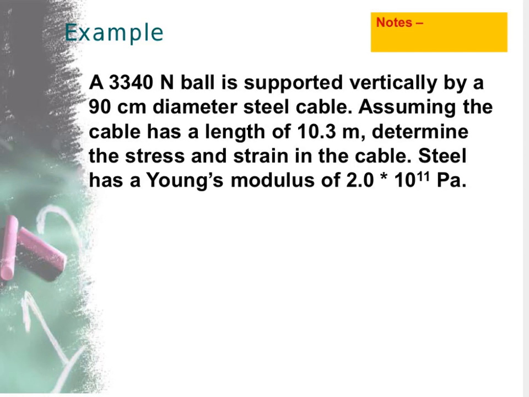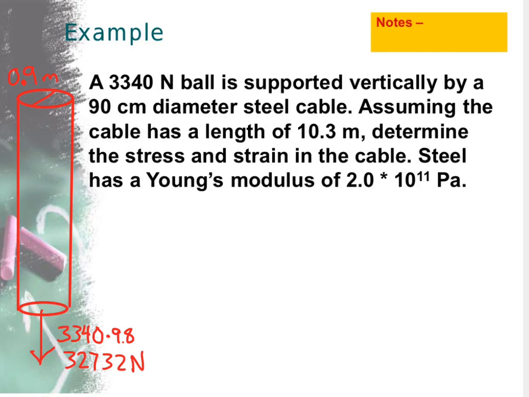Okay, I want to finish up with an example here. A pretty simple one, and then we'll get into some different types of stresses and strains in class when we meet. So let's say I have a 3,340 Newton ball supported vertically by a 90 centimeter diameter steel cable. So it has a cross section that is a circle, and the diameter of that circle is 90 centimeters.